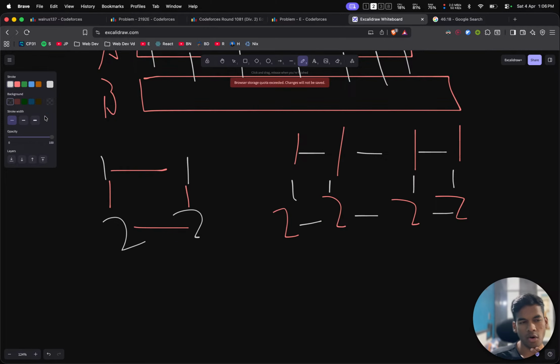Is this an Eulerian graph? You can start from here, go right, covered. Nope, this is not an Eulerian graph.